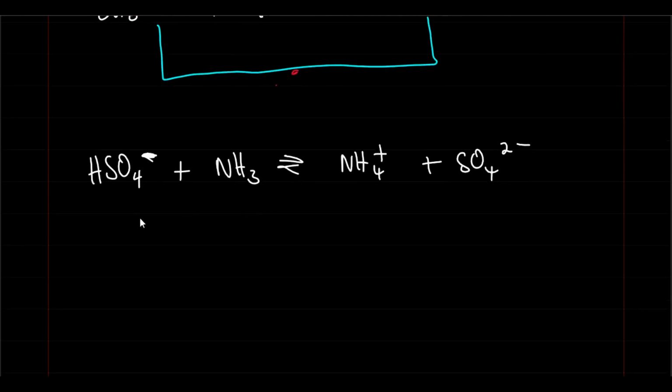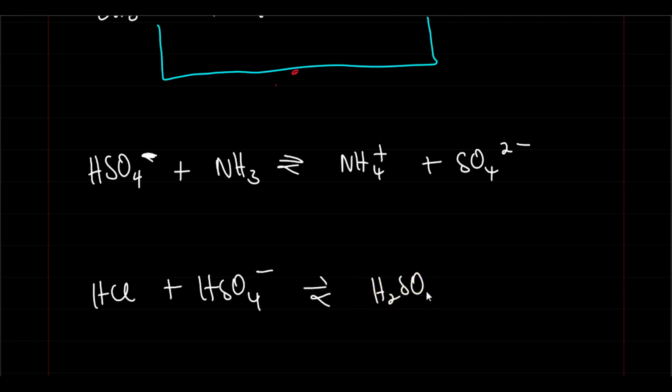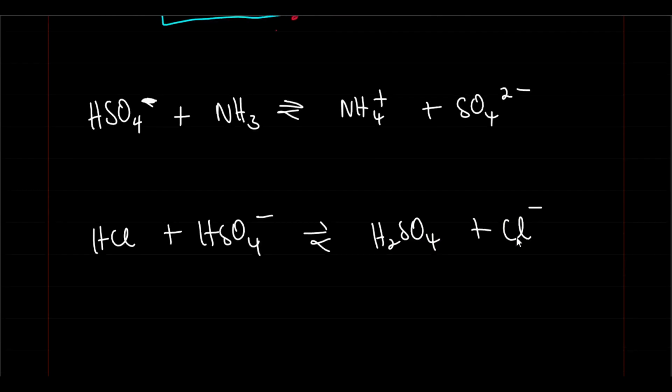And here I have HCl plus HSO4 minus, giving us H2SO4 plus Cl minus.